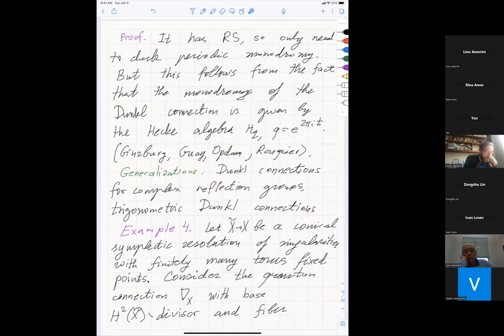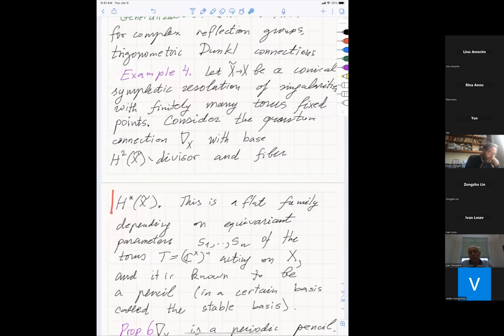And here is an example that comes from enumerative geometry. Suppose you have a conical symplectic resolution of singularities with finitely many torus fixed points. Actually, it's bad that I'm calling it X. Well, this is not the same X as before. So in this case, I can consider the quantum connection nabla, whose base, which is the old X, is the second cohomology of this resolution without the divisor of poles, and fiber H star of X tilde.